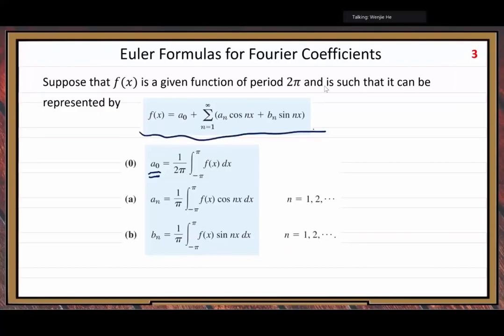So at the beginning, mathematicians in history just tried to represent any 2 pi periodic function in this trigonometric series. Convergent or not, they didn't know. They didn't know if the Fourier series is convergent to this function or not, or convergent to a different function.